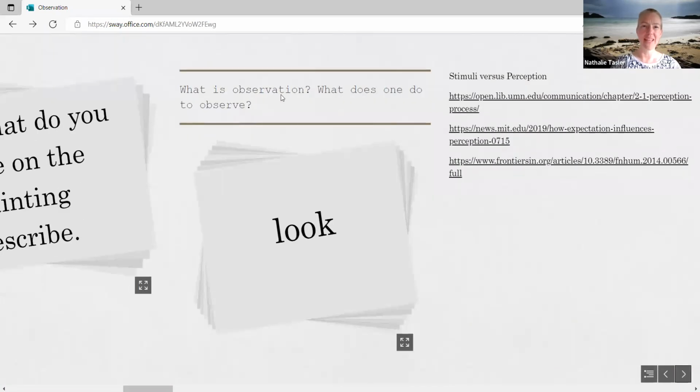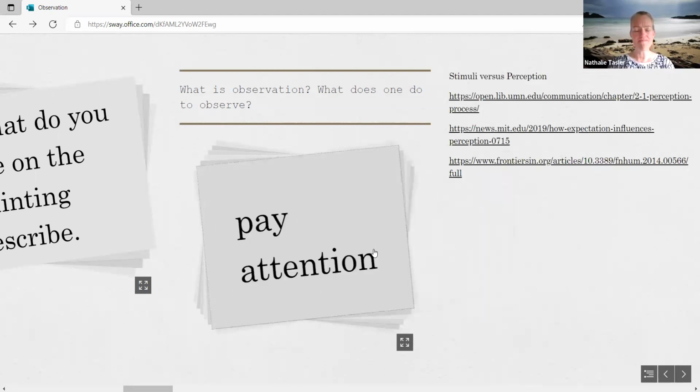So, and then, well, I went a little bit rogue because I had a bit of time before the session, and I was thinking about observation, and how heavily, when we talk about observations, we think about visual stimuli, don't we? We think about looking and what do we see.